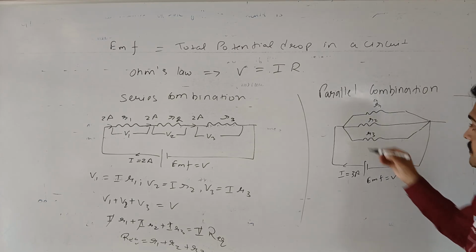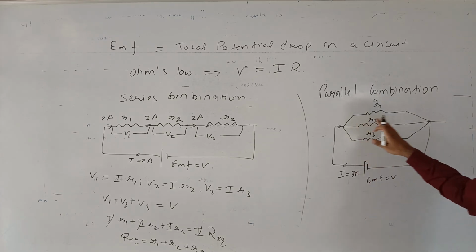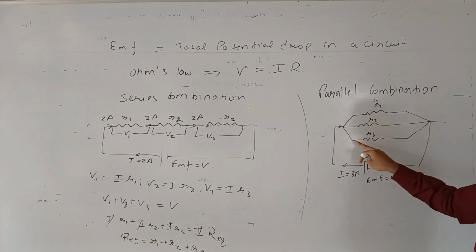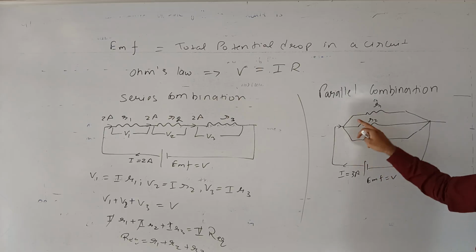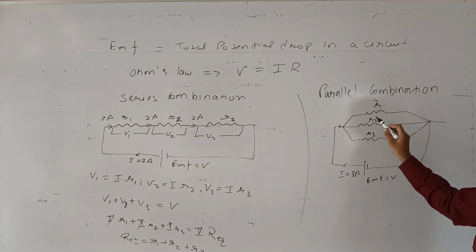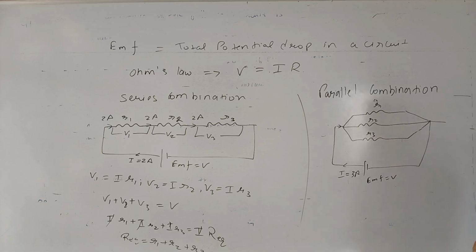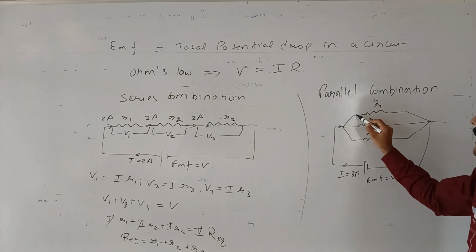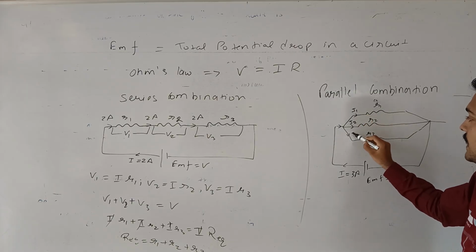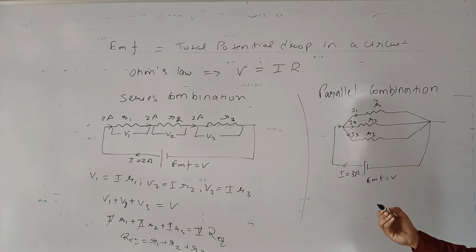Then the same current will not flow through all the resistances. After coming here, there are 3 branches. First branch has the resistance R1, second has R2, and third has R3. So current will be divided. I1 current will flow here, I2 will flow here, and I3 current will flow in the third branch.